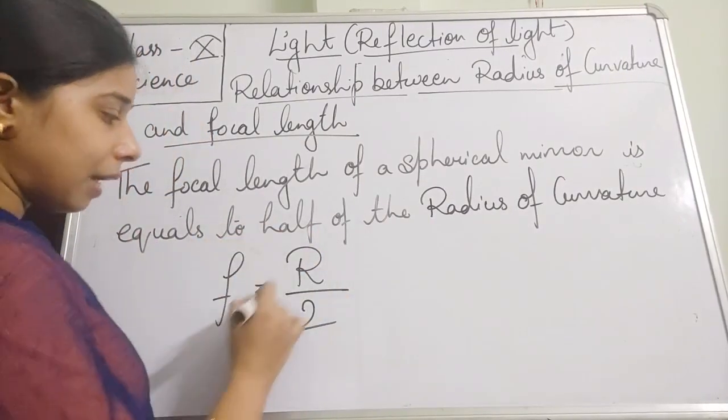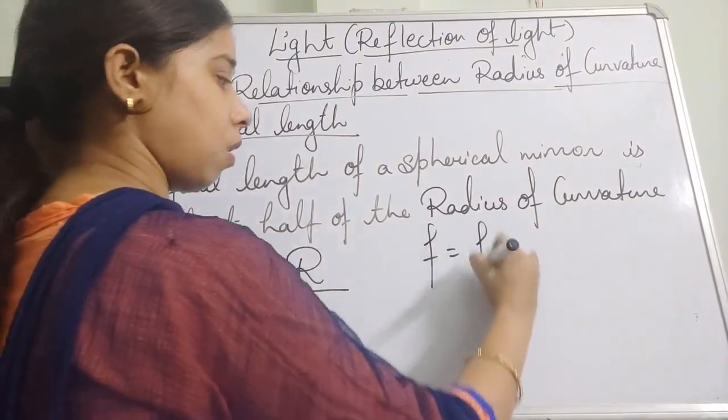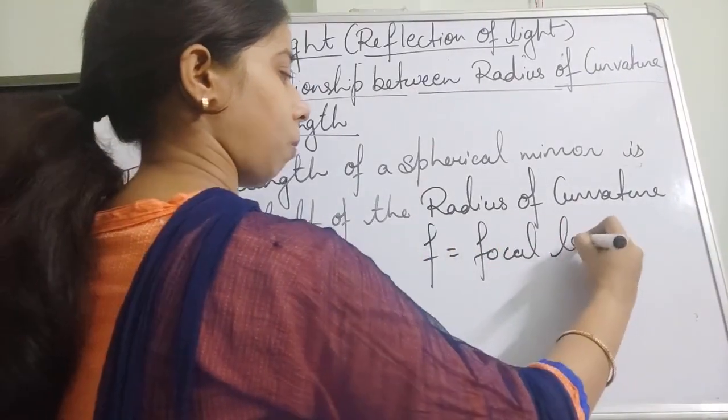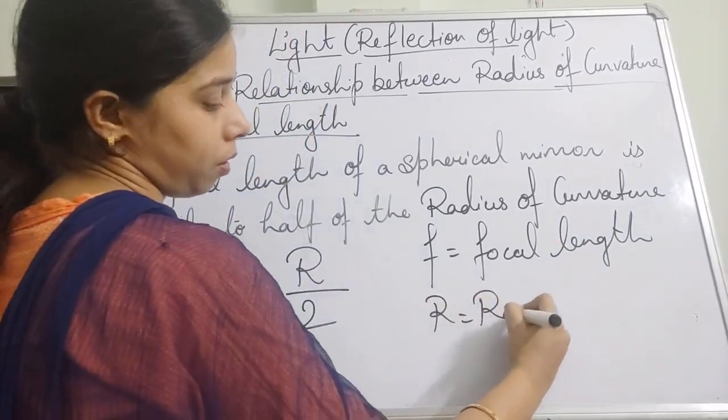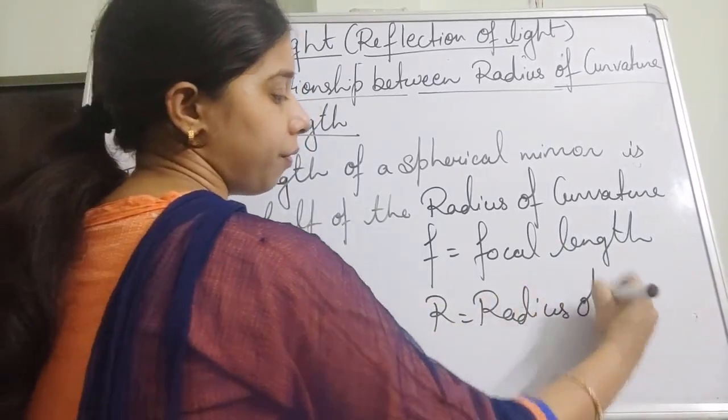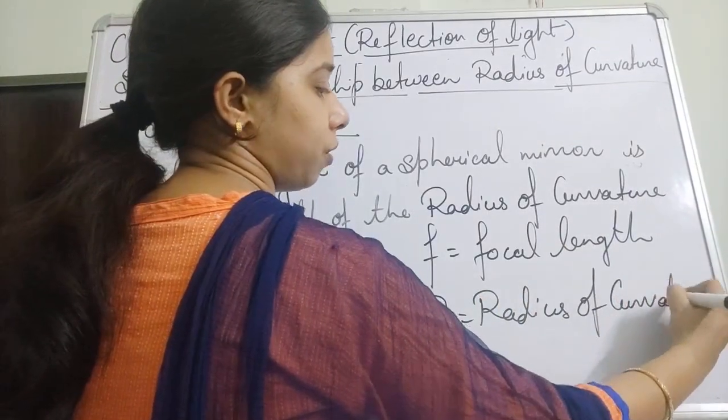So small f is the focal length of the mirror and R is the radius of curvature.